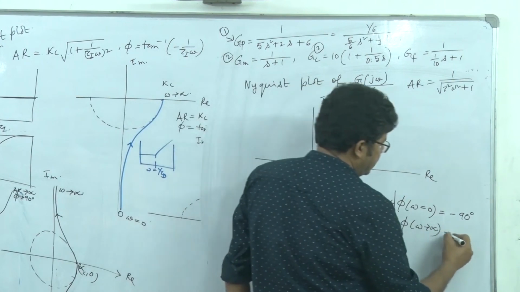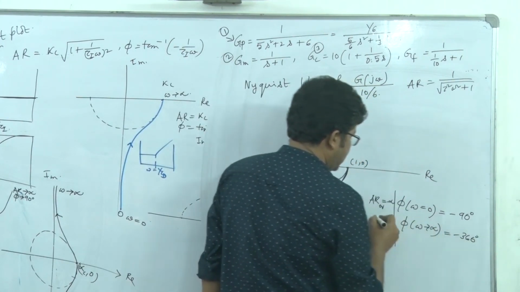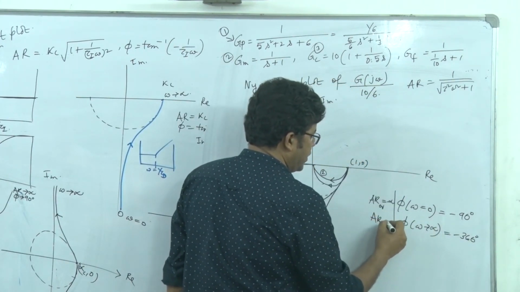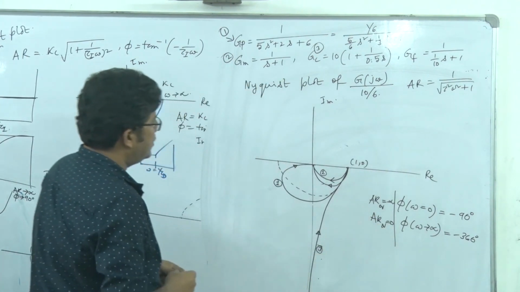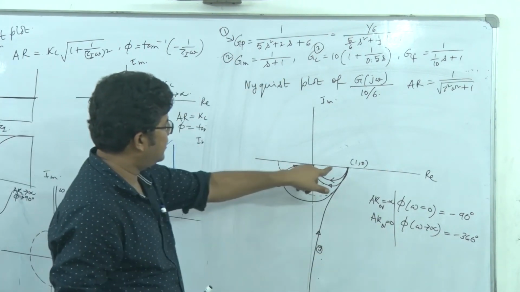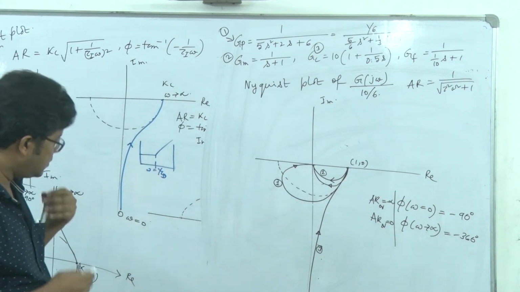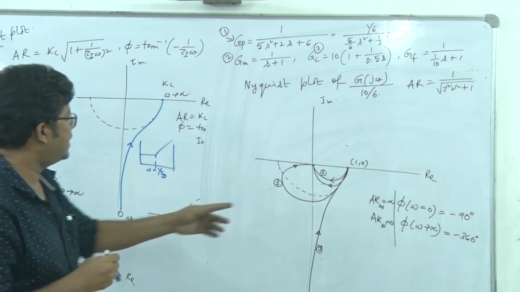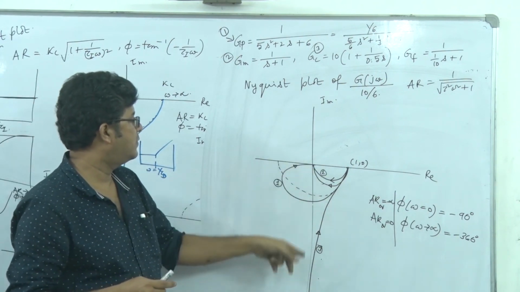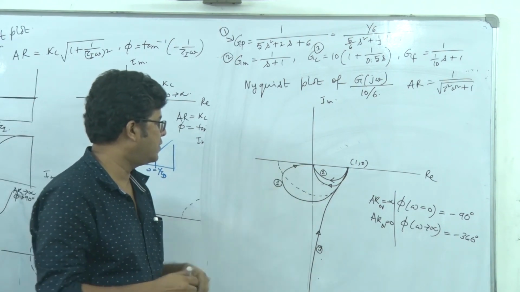So minus 360, right? And amplitude ratio overall is equal to 0. So minus 360 means from this side it will go on approaching.